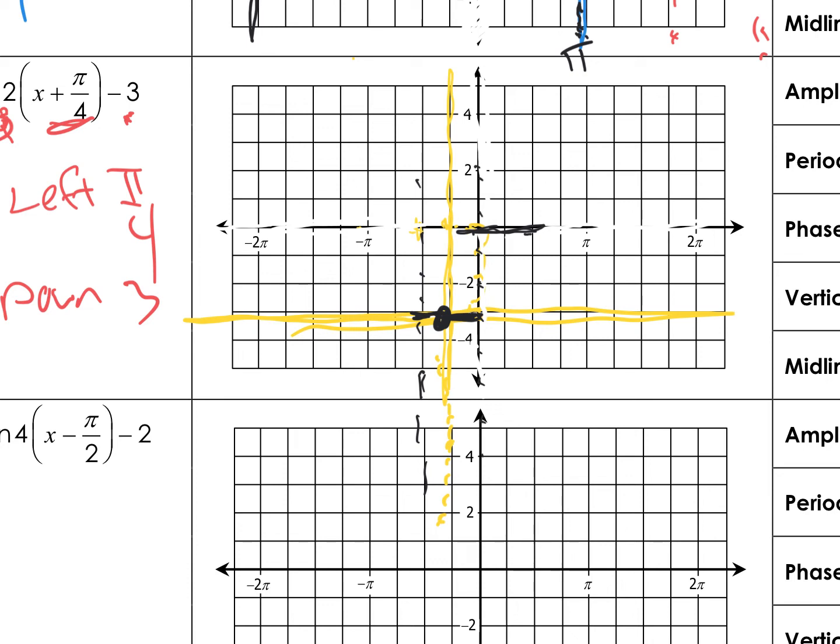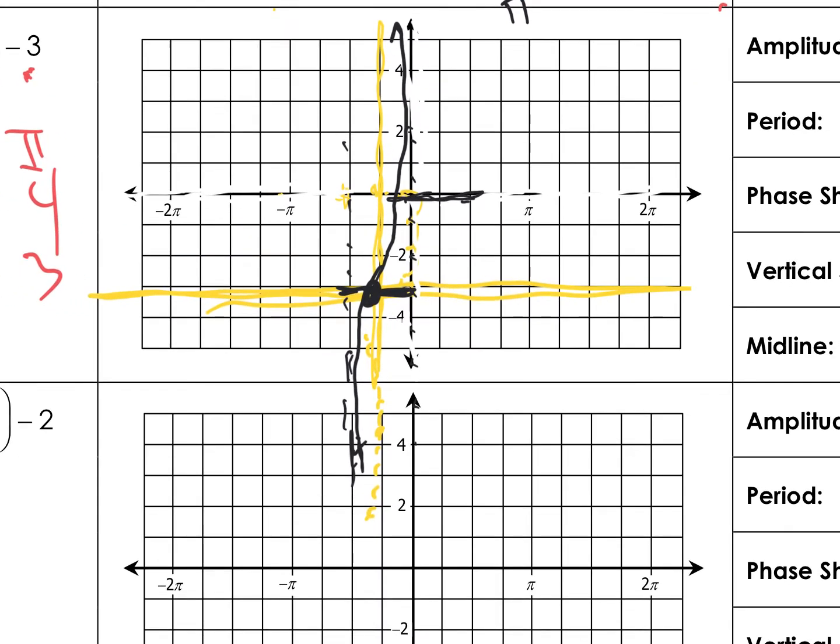And it's a positive tangent, so I'm going to start from the bottom, go up, curve in, and there it is. It's super skinny. If I do another one, I need to go and measure off 2 tick marks from this asymptote. 1, 2. There it is. So another dot will go in the middle right here.